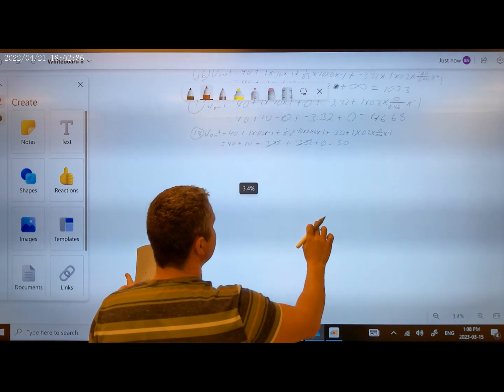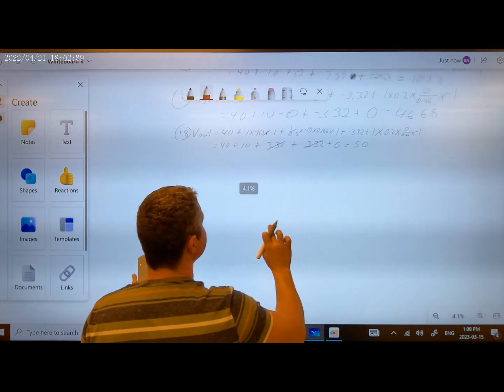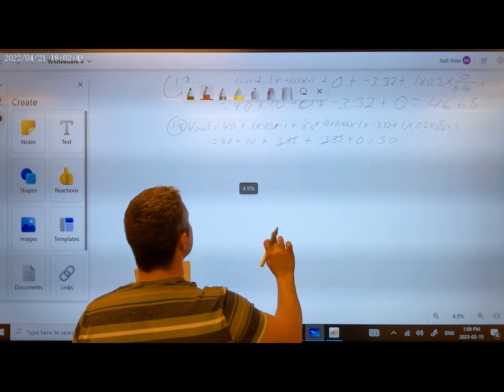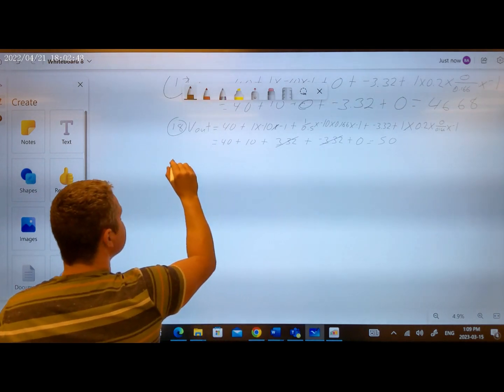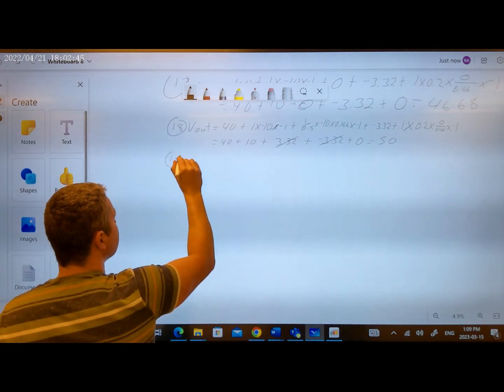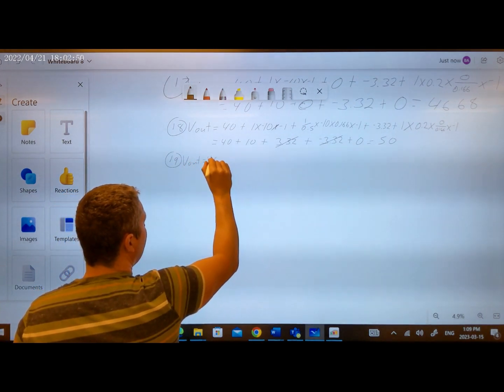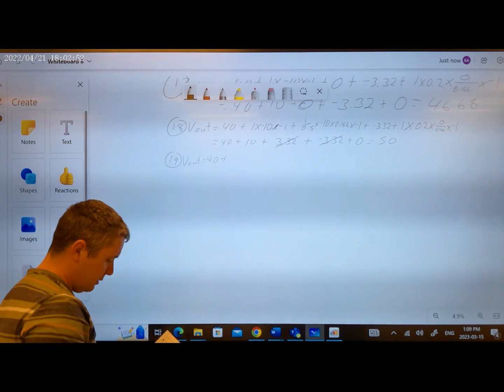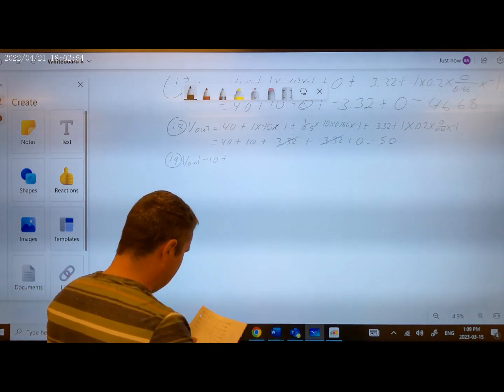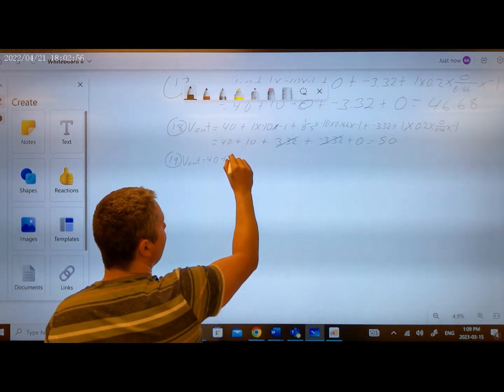So at position 19, V out equals 40. You'll never guess that. 40 plus. Now our proportional.